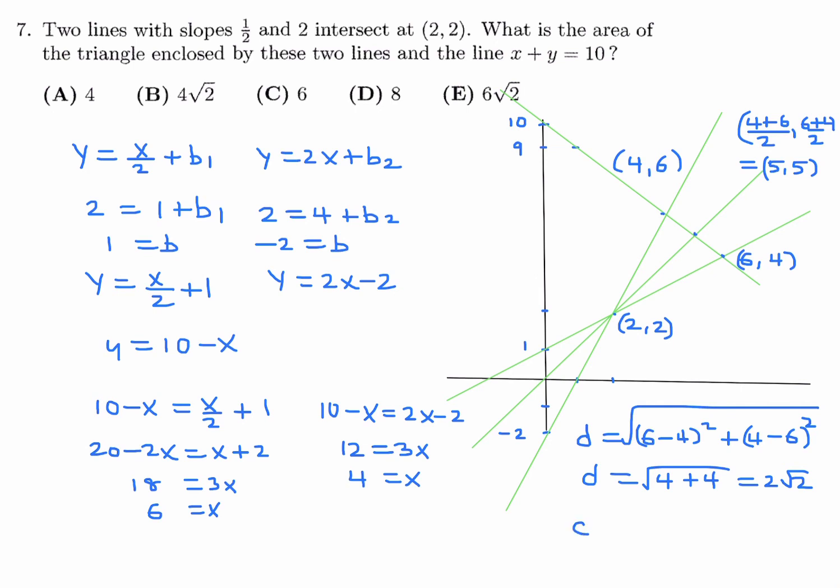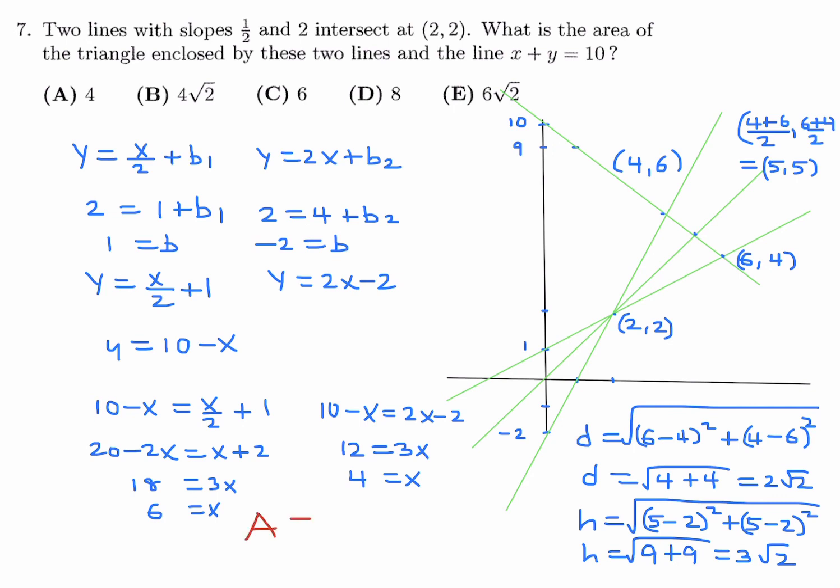Again, I can use the distance formula. That will be 5 minus 2 squared plus 5 minus 2 squared under the square root sign. So that's 9 plus 9, and that would be 3 root 2. Okay, finally, we can figure out the area. 1/2 base times height.